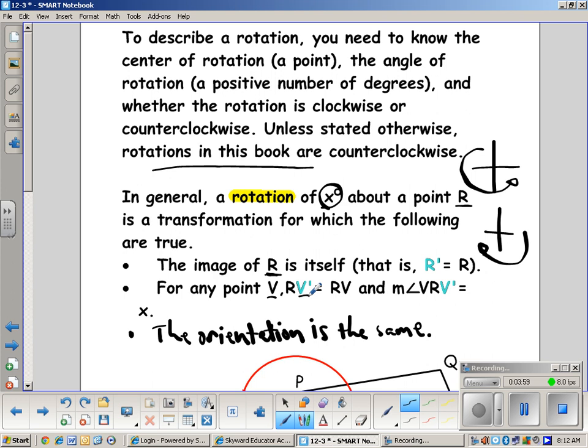So if this is V, then V is 30 centimeters from my point of rotation. Is that correct? When I rotate it over here and I get V prime, it's still 30 centimeters away from my point of rotation. So that distance from the center of rotation is not going to change no matter how far you rotate it. It'll always stay the same.